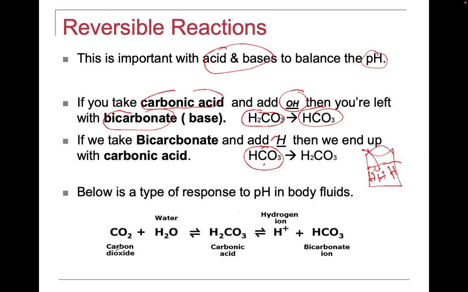We have carbon dioxide. We breathe in oxygen, but our body wants to push out the CO2. So CO2 is in our body. It can react with water, which our body is composed mostly of. When carbon dioxide reacts with water, we get H2CO3.